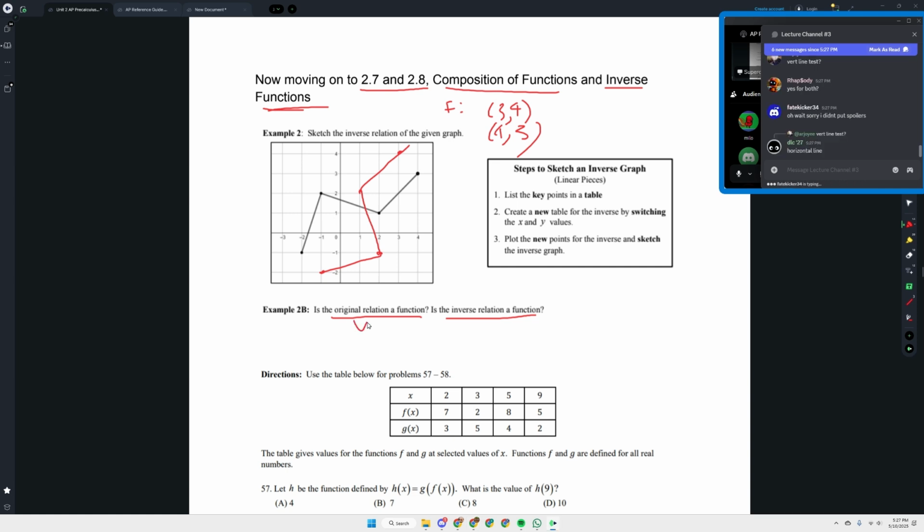The first one is yes, and the second one is yes, because it passes the vertical line test. And you could also say there's no repeated x.